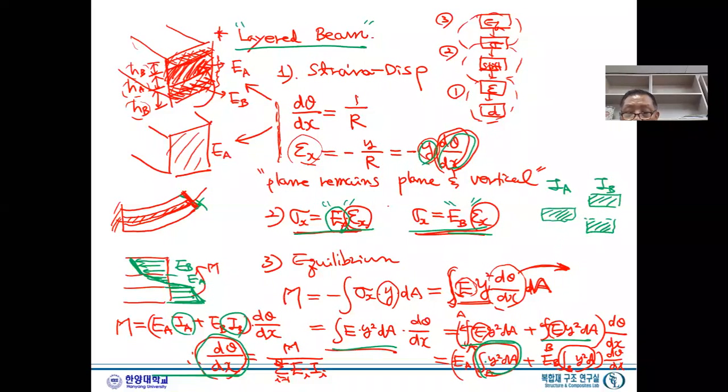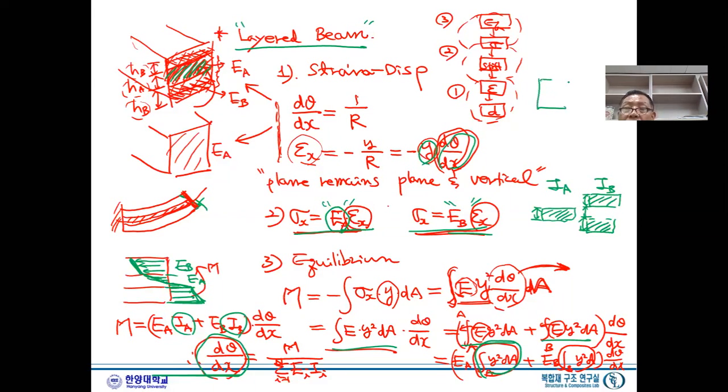Right, because IA is integrated only over A. A is this part, and that part, and this IB is this part. So IA is simply, since you know this height, and you know this one, and you know this one, you can obtain that.